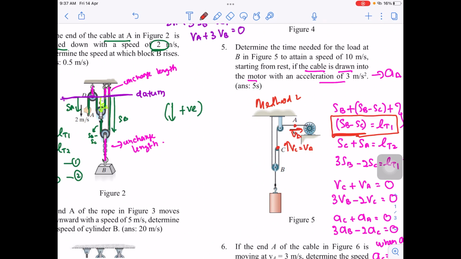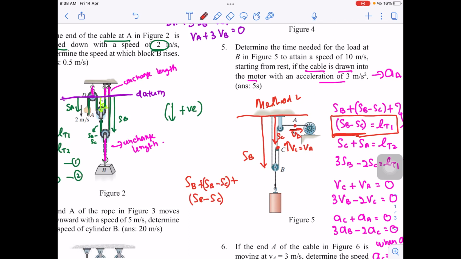So, untuk simplify, you boleh buat satu saja letter dan untuk satu saja tali. So, this is SB and then this is SC. Okay, cukup. So, kita buat SB plus SB minus SC plus SB minus SC.